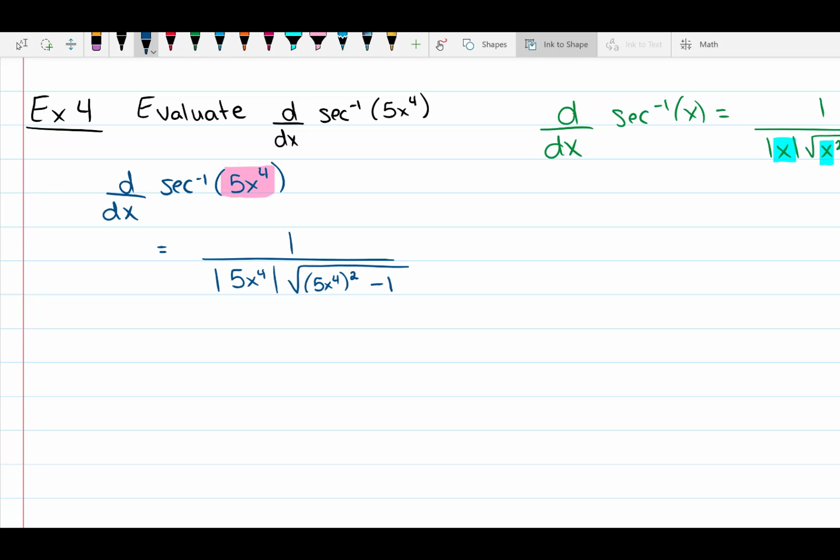That's just applying the formula. I take the inside pieces and I put them where x goes. But here I need to multiply by the derivative of 5x to the fourth. This piece right here, this is the chain rule.